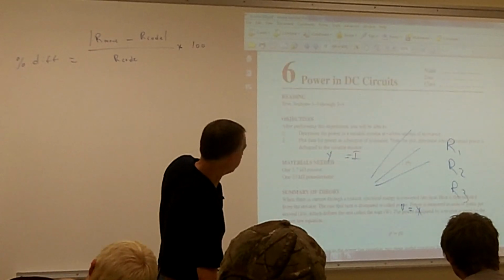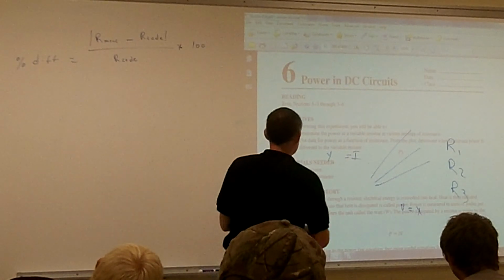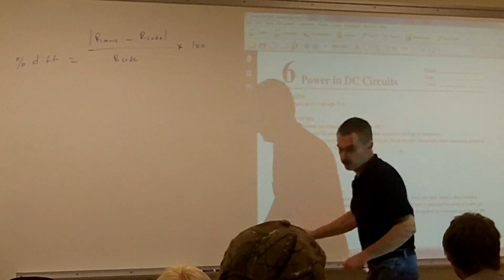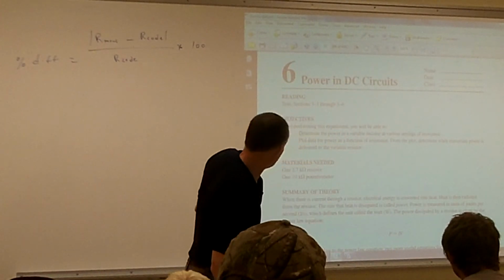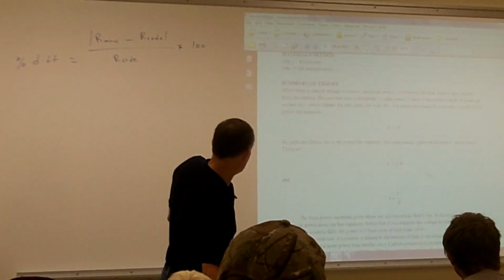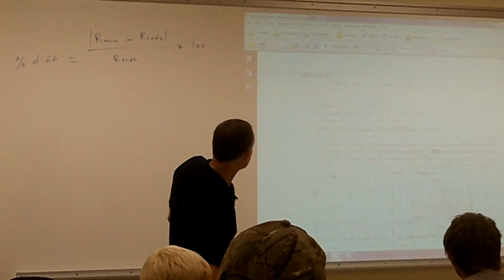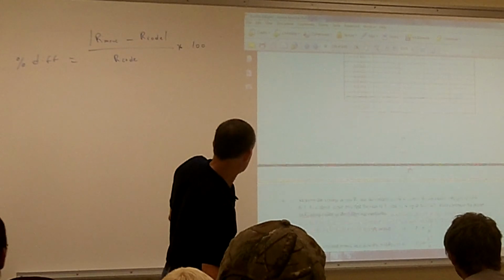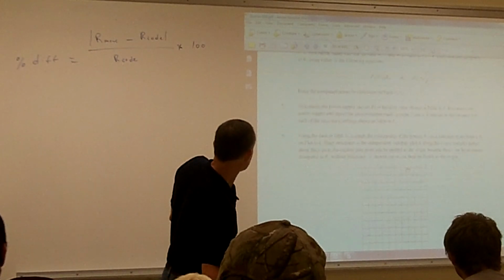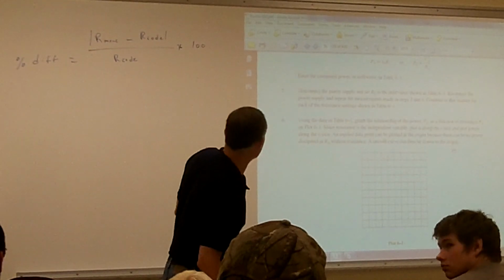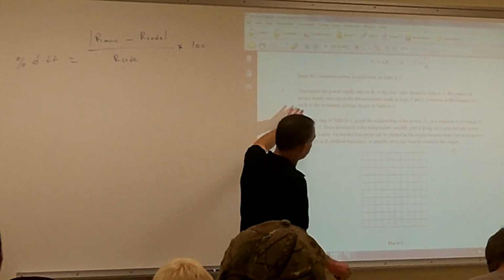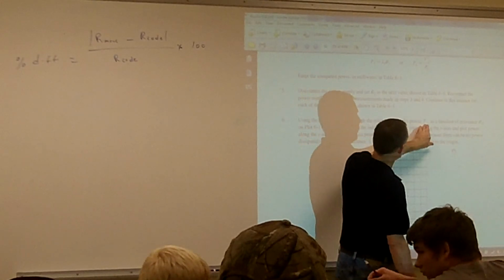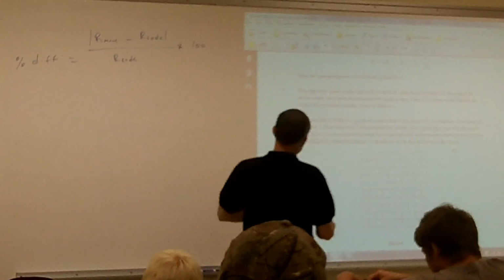Alright, number 6. This one gets to be a little bit more complicated. I don't really want to show you what the graphs look like, because I want you to do that. So using the data, you're going to collect all your data and graph the relationship of the power P2 as a function of resistance.